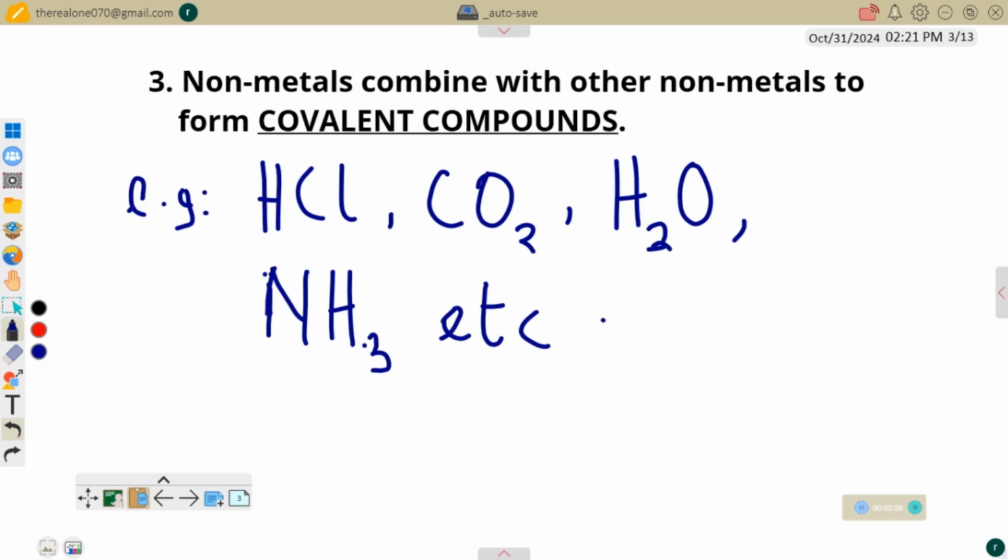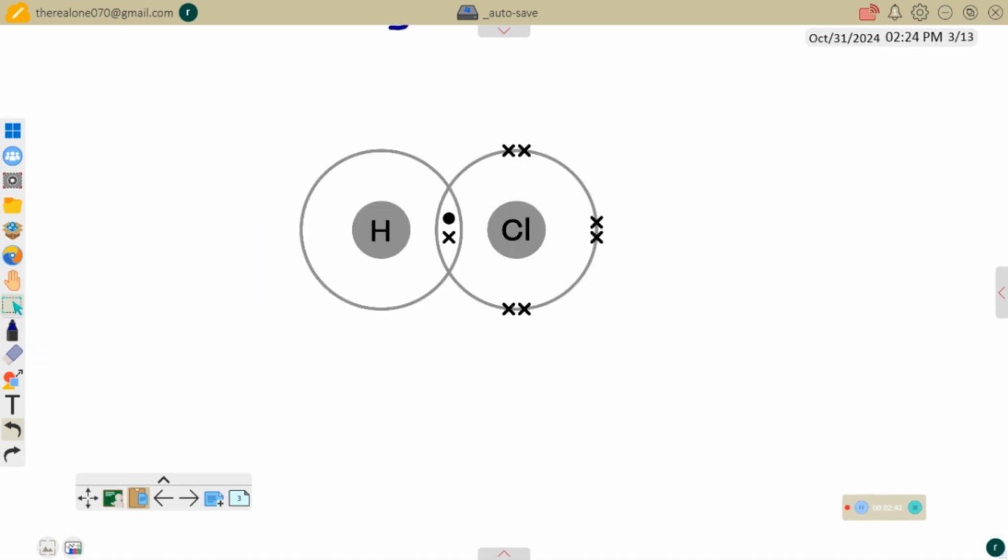Now, for example, we have hydrochloric acid, which is HCl, or the hydrogen chloride gas. We also have carbon(IV) oxide, CO2, we have water molecule, H2O, and we have ammonia gas, which is NH3. So each of these are covalent compounds because there is sharing of electrons between the constituent elements. So consider the combination of both hydrogen and chlorine to form hydrochloric acid or hydrogen chloride gas.